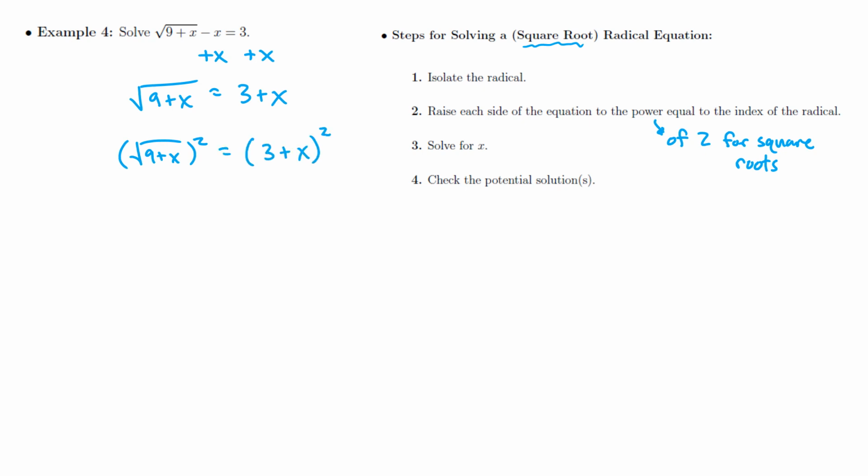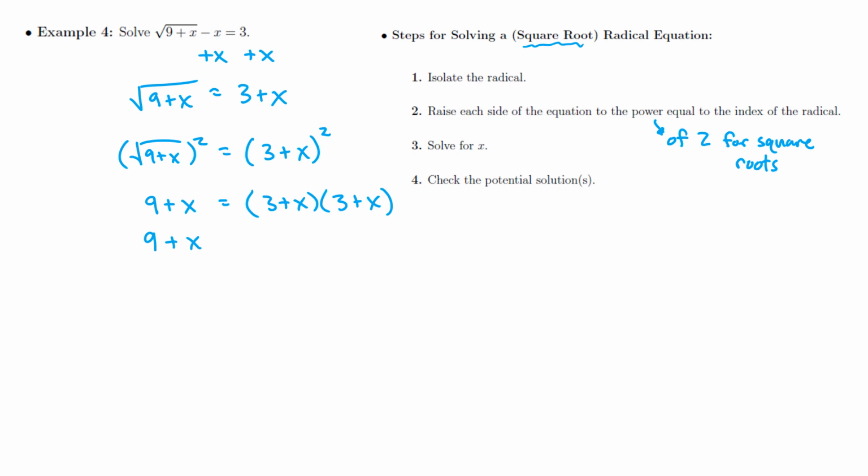Now, just a little aside here, this is a good opportunity to point out that while over here the square and the square root just eliminate, and I have 9 plus x, here, remember, you've got to write this out in FOIL, right? You can't just square each term. That's a path to definitely getting the wrong answer. So this is really 3 plus x times itself, so make sure you write that out.